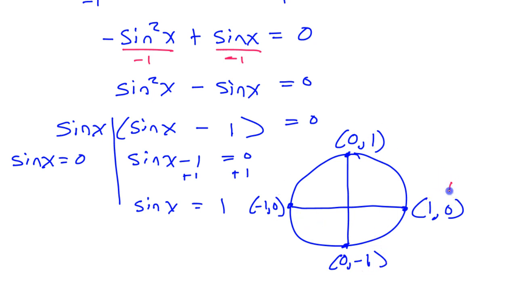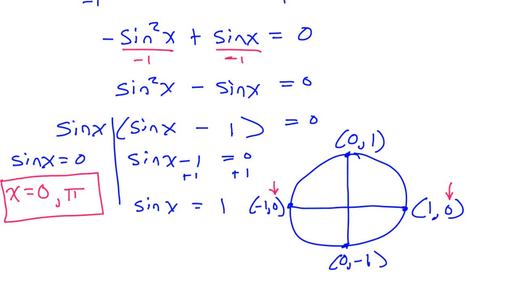And I see that I have 0 right here and I have 0 right here. Those are the only two points where the y value is 0. So I have found two solutions. I have a solution at angle 0, and I also have a solution at pi. So I have these two solutions so far.